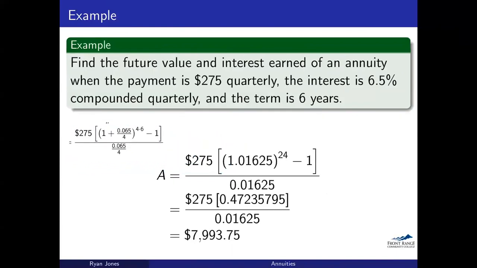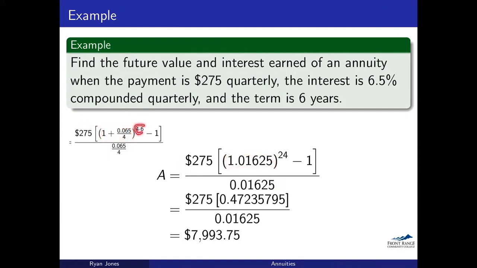So we've got that right there, and just to call out, so we can see exactly what's going on, matching up. So I've got my 275, my 275. I've got my 0.065 over 4, and that 0.01625, those are the same. I've got this whole thing inside the parentheses: 1 plus 0.065 over 4, that's 1.01625.